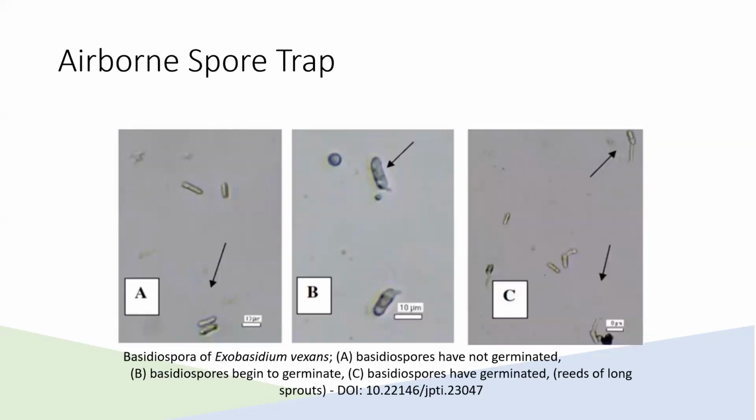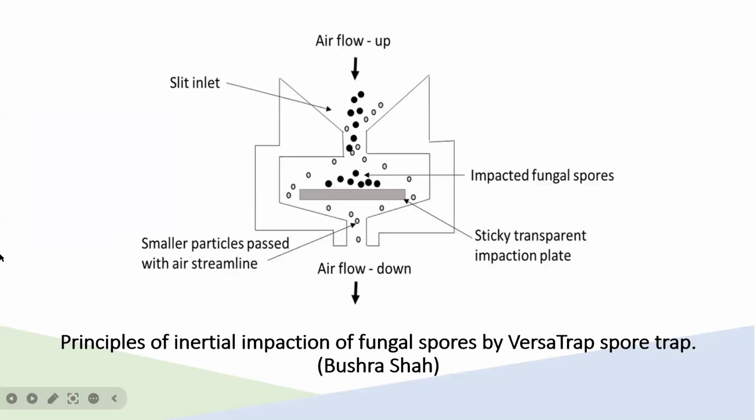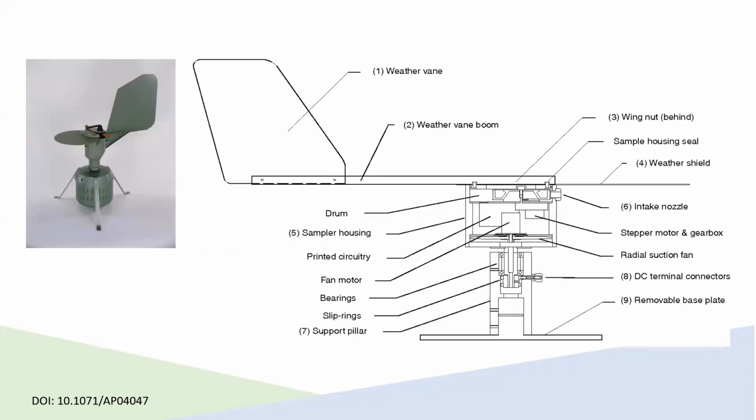To make it fast, you can also use this kind of tool. This tool has a vacuum that flows the air from the top to the bottom, so everything in your air attaches to your PDA quickly. Because of the airflow, you can do it in just 1 hour or half an hour, not 6 hours.